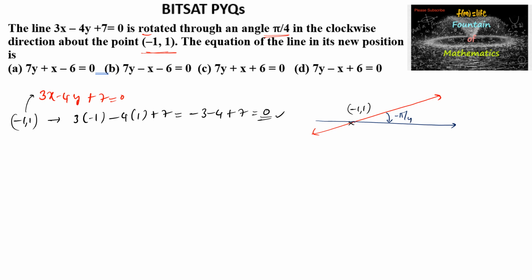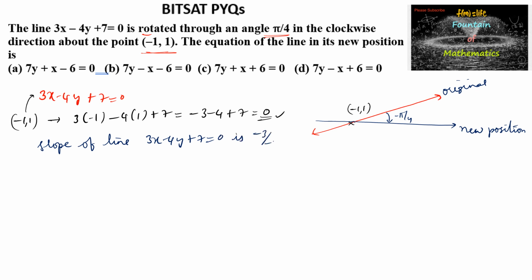So that the equation of the line in its new position we need to find. So this is the new line, or the new position of the line. Now we can find the slope of the line. Slope of the line 3x minus 4y plus 7 is equal to 0 is minus 3 divided by minus 4, that is 3 upon 4.